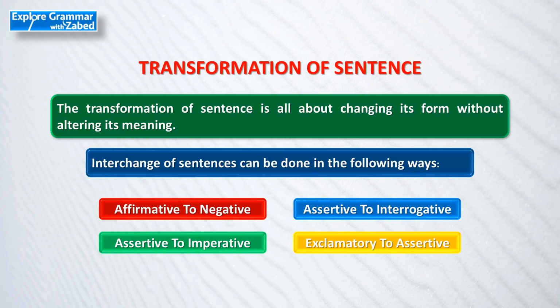But remember, it can be transferred vice versa also. That means we can also transfer from negative to affirmative, interrogative to assertive, imperative to assertive, assertive to exclamatory. I hope you are clear, but in this video, you are going to learn only one of these, and that is affirmative to negative.